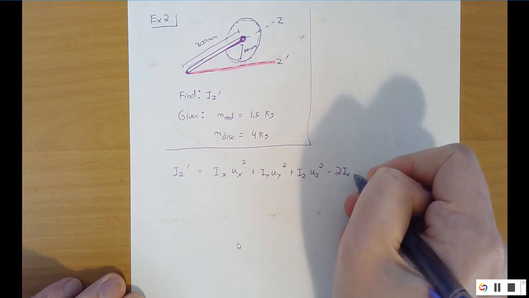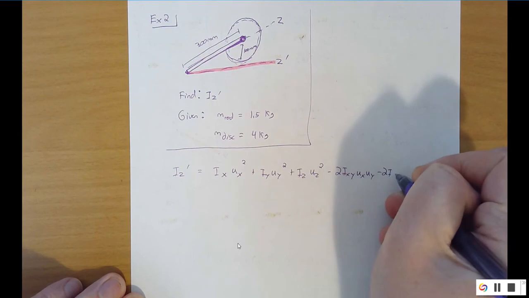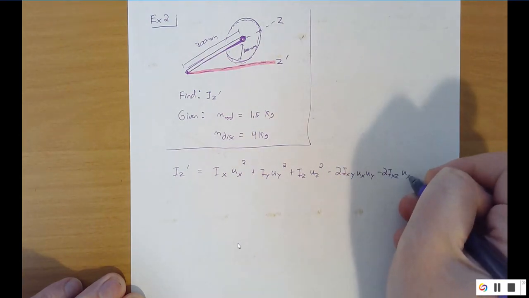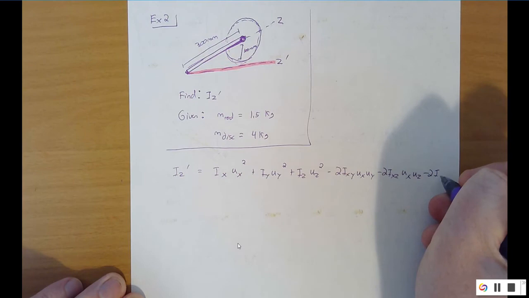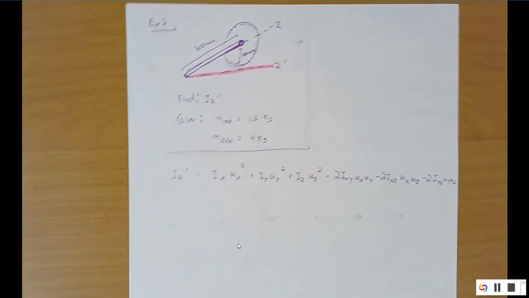So just writing the equation that we had before. And obviously the order of these doesn't matter. You can change the order to be whatever you want. Alright, so squeeze that in there. Sorry, I ran out of space there.